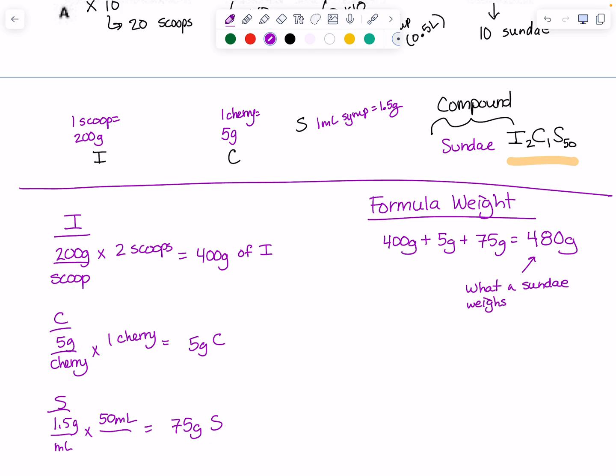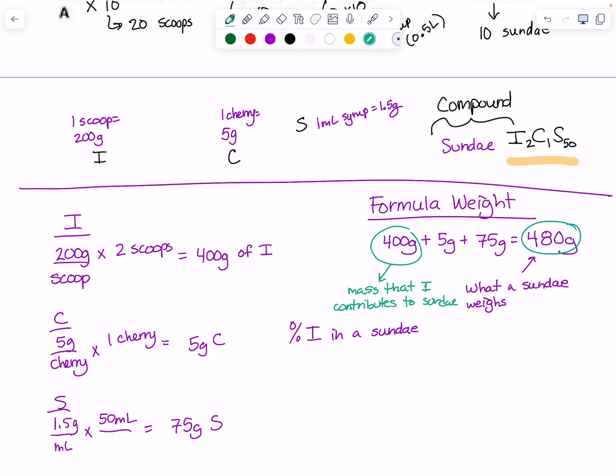All right, so let's figure out the percent of ice cream in a sundae. All we're going to do is take the mass from the ice cream. This is the mass that the ice cream contributes to the sundae, and this is the total mass of the sundae.